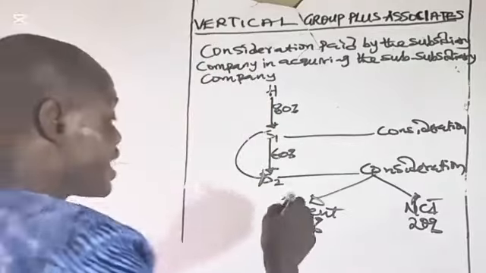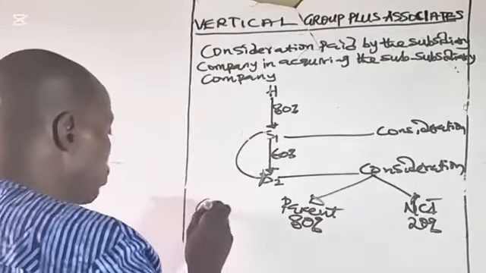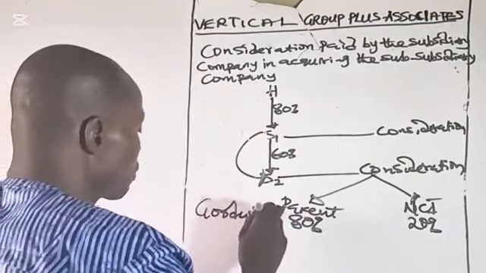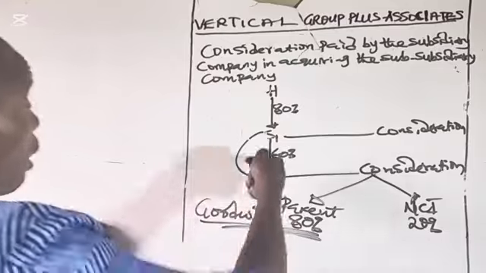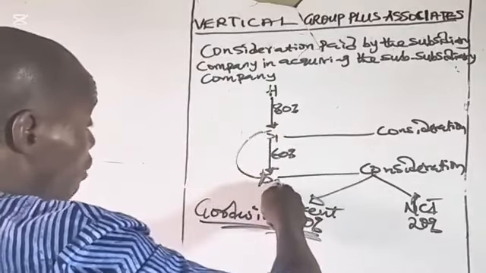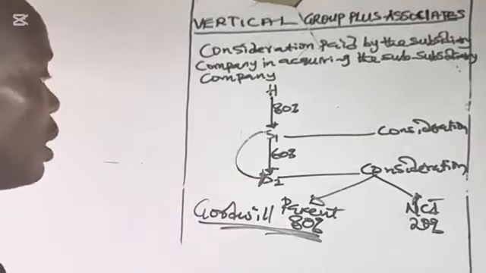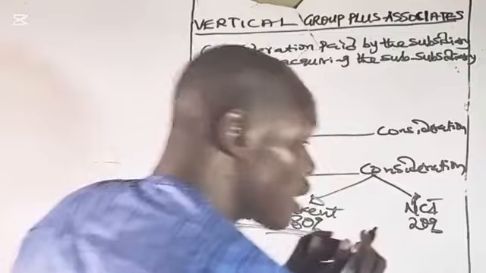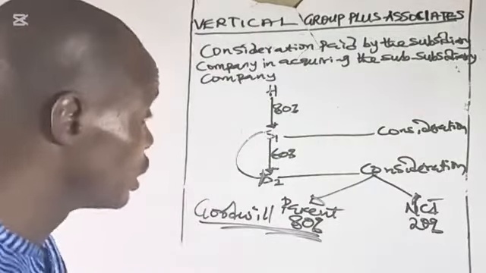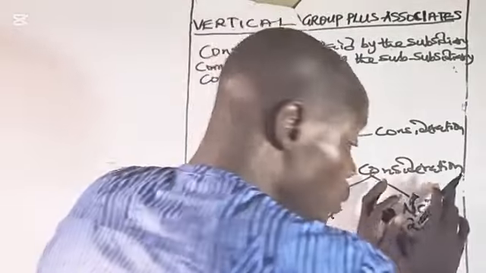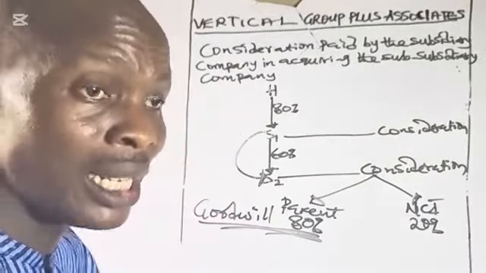It is the parent share of that consideration that will be used to calculate goodwill. It is this 80% of the consideration paid by S1 in acquiring S2 that you will use in calculating goodwill. The NCI share of it, you use it to reduce the non-controlling interest calculated in the usual way.